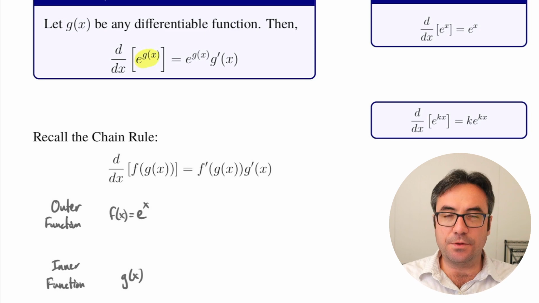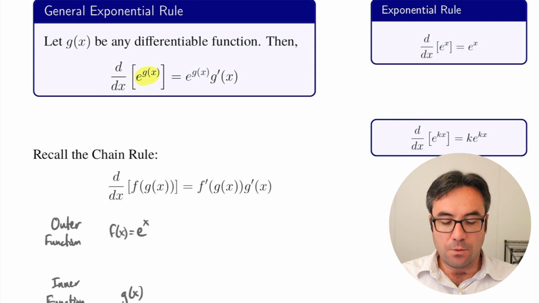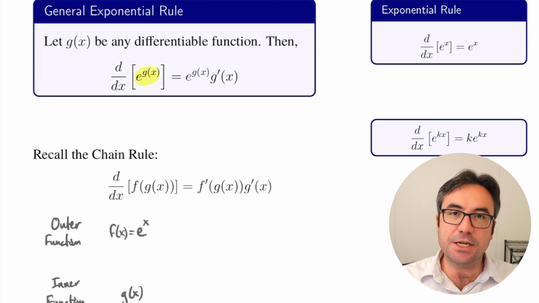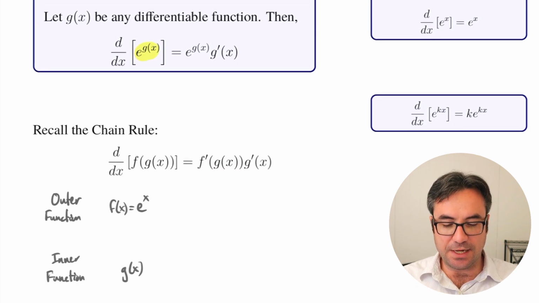What the chain rule says is, if we remember back, to find the derivative of this composition we differentiate the outer function, we plug the inner function into that, and then we multiply by the derivative of our inner function. So let's verify the formula here.